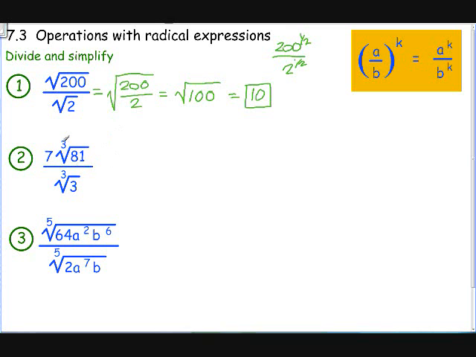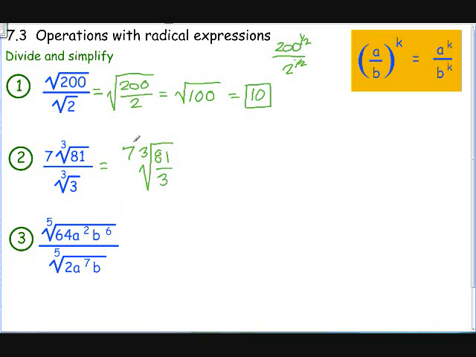An odd root. Good. I don't have to worry about, well, I don't have any variables anyway. It makes it easy. So I've got 7 times, and here I'm going to take the cube root of 81 divided by 3.